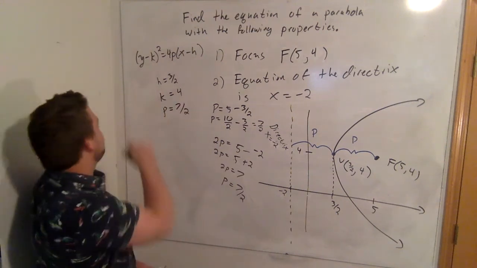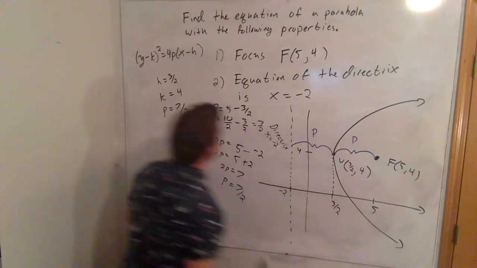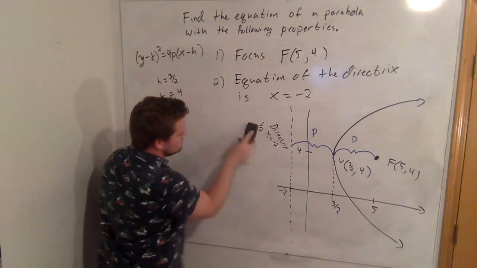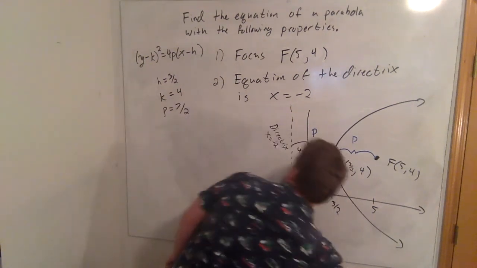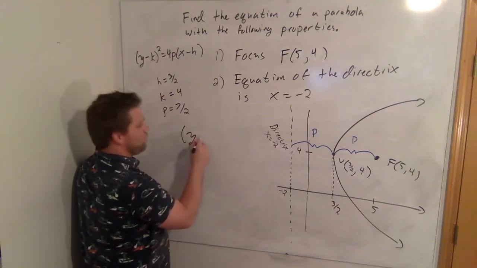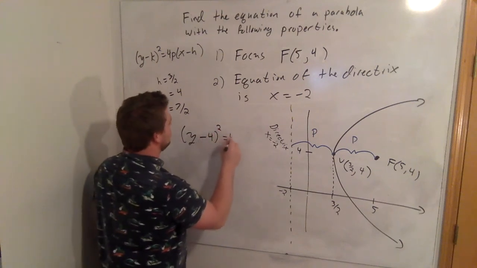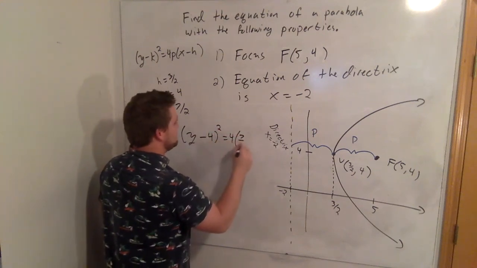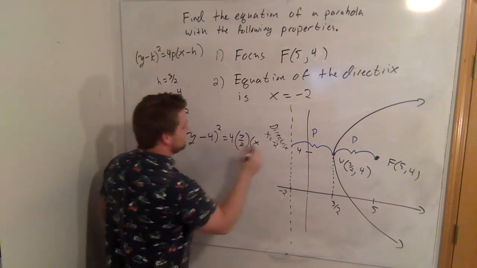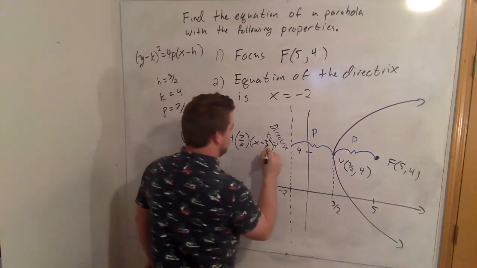Now it's all just about putting it into the equation. So the equation of the parabola will be (y - 4)^2 equal to 4, our p is 7 halves, and then we'll have x minus 3 halves.